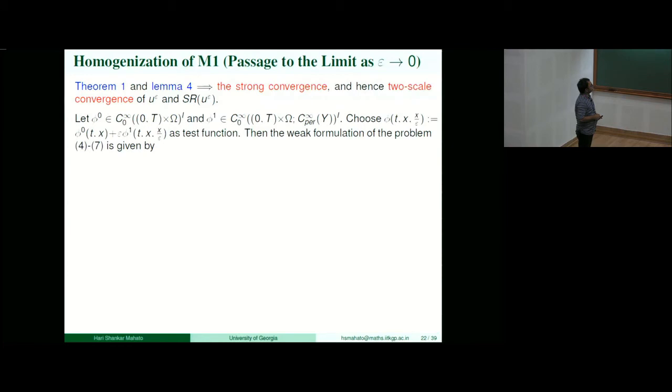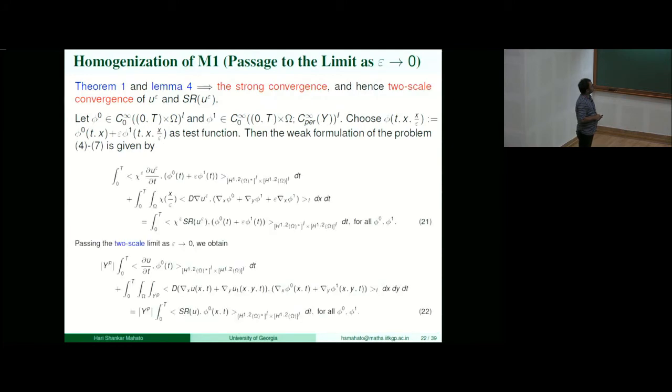And then we choose some test functions phi 0 and phi 1, and we multiply our system of diffusion reaction equations by these phi's. And then we pass to the two-scale limits. So we know that the gradient of u epsilon is weakly two-scale convergent to this one. We know that SR of u epsilon is strongly convergent to SR of u, so we can pass to the two-scale limit.